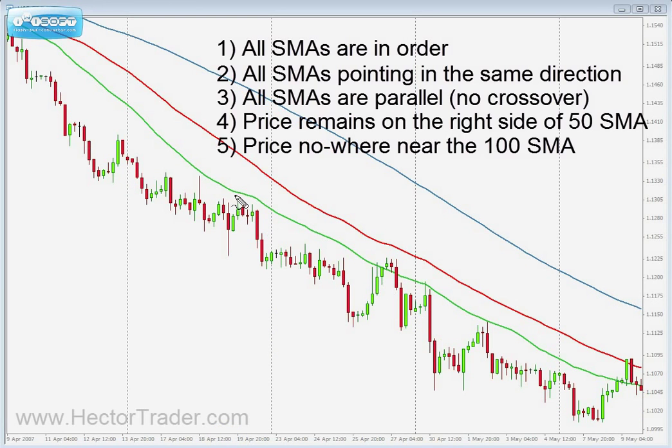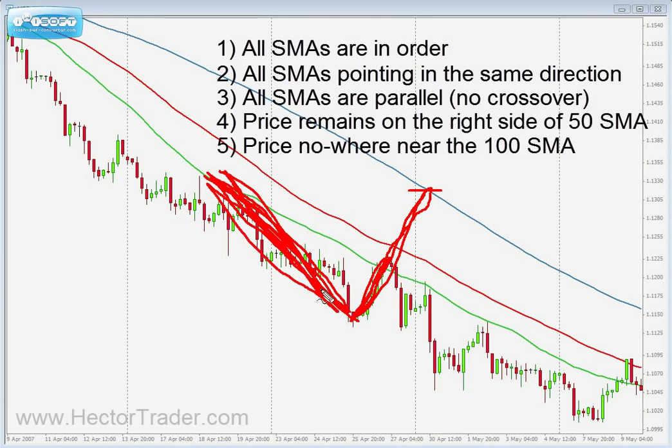Let's assume, for example, this last swing I'm marking right now on my screen, followed by this pullback. If we were to reach the 100 simple moving average, that means that the pullback would have been, in most cases, quite as long or almost as long as the previous thrust, the previous swing in the direction of the trend.